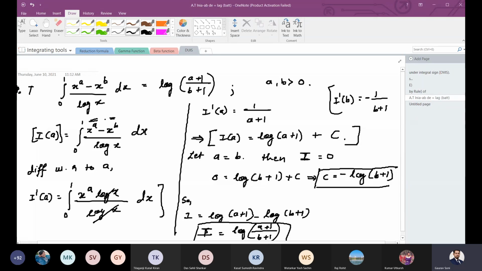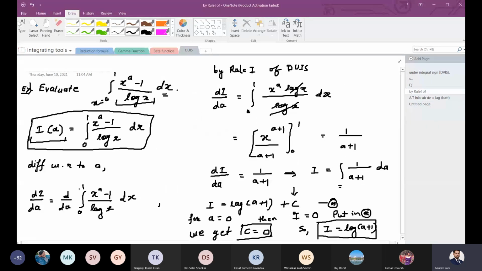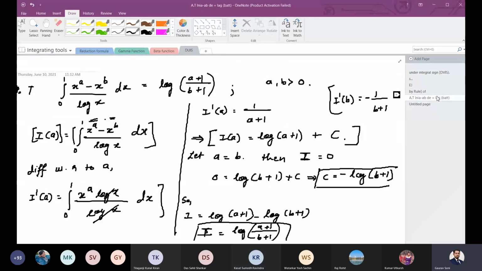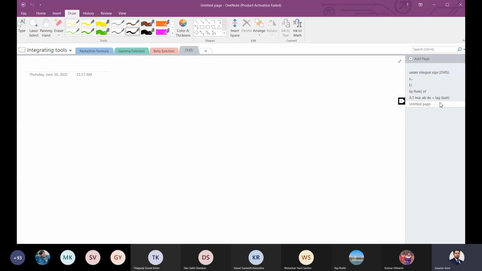So you have to think in a manner where you can easily solve this integration. In the previous example, if you put a equal to 0, you are getting this whole integration as 0. Am I right? So if you put a equal to 0, this complete thing becomes 0 and the value of I is 0. So you have to think of a value by which you can find the integration orally. Are you convinced? Yes, sir. Yes, sir. Fine.